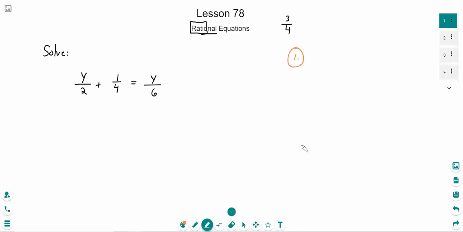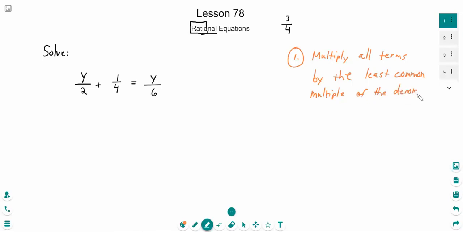The method is to first multiply all terms by the least common multiple of the denominators. Okay, and this is nothing new. We should know how to do this.